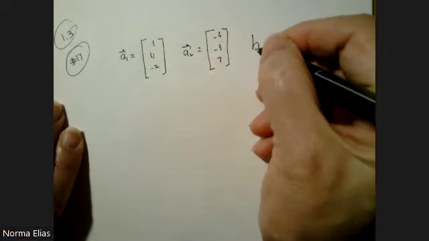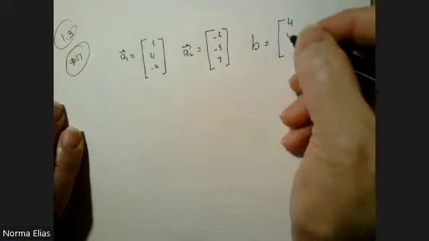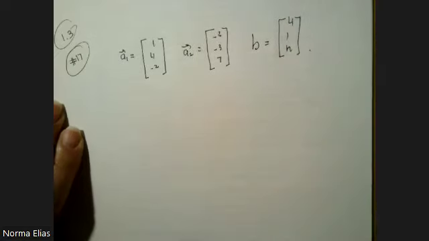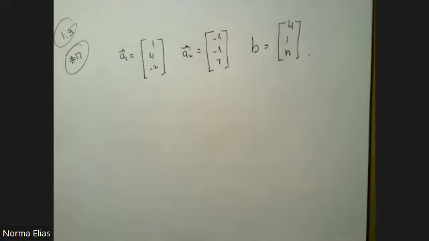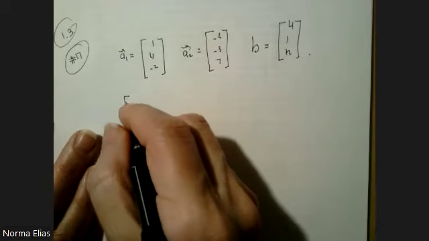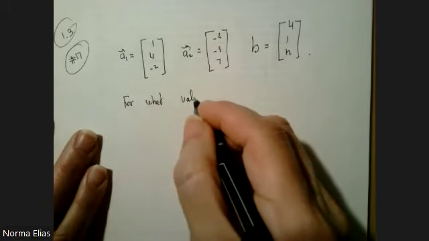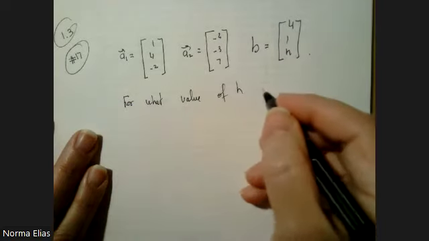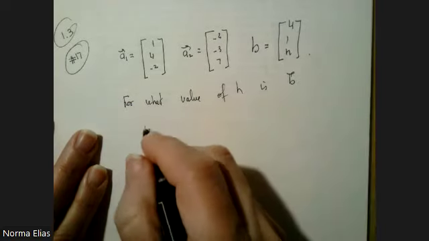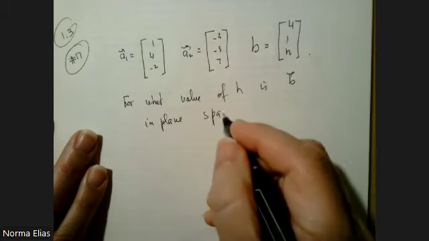And we have a vector B, which is 4, 1, H. So section 1.3, number 17. And the question is, for what value of H is B in the plane spanned by A1 and A2?